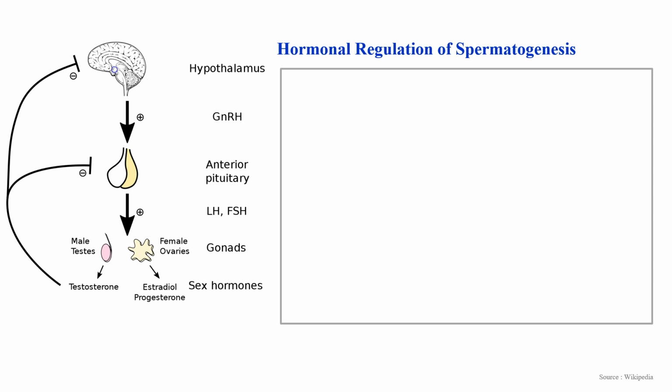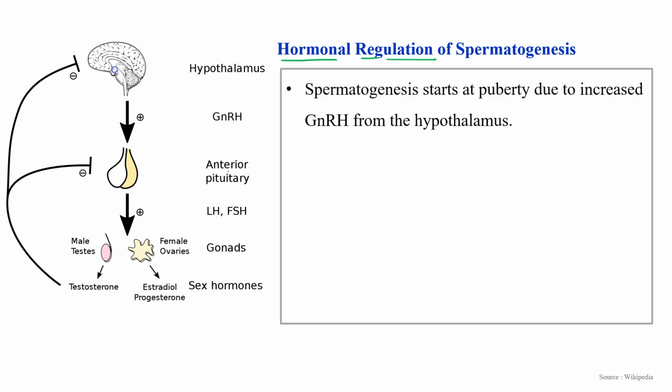Now, in this particular video lecture, we are going to start with the hormonal regulation of gametogenesis. In gametogenesis, first spermatogenesis. How do hormones regulate this process? Spermatogenesis means sperm production, sperm development. First of all, as you can see in this picture, the hypothalamus mainly stimulates the gonadotropin releasing hormone.